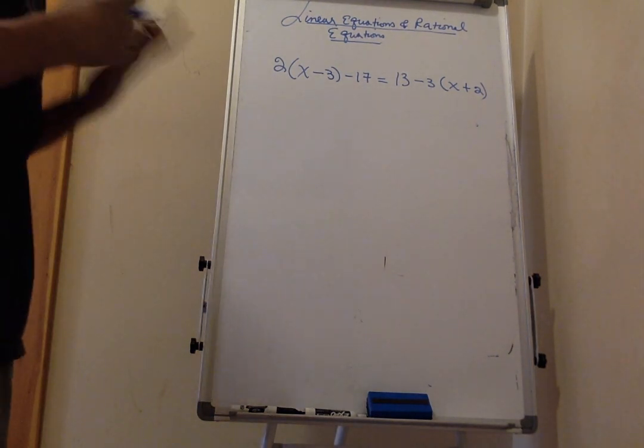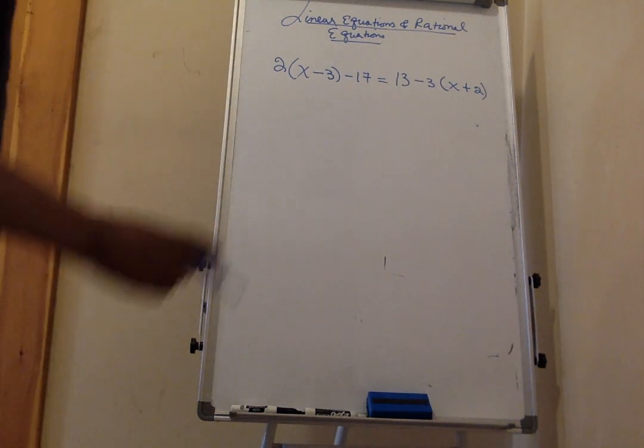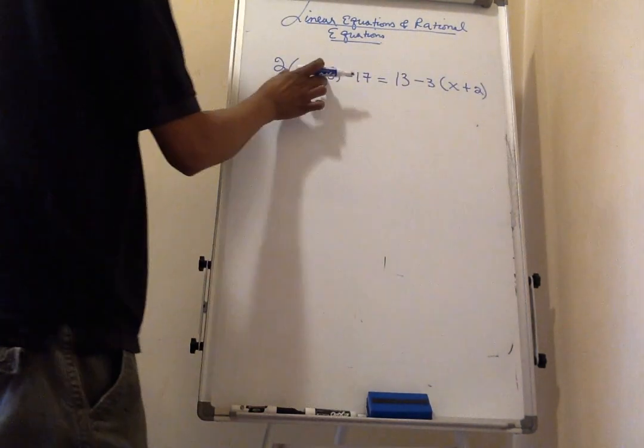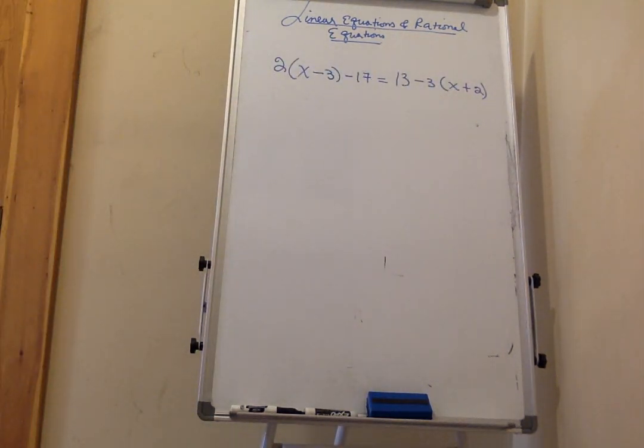Okay, this is just to test our knowledge of order of operation. So you remember the PEMDAS thing. So first we have to make sure to simplify the one inside the parentheses, so it will help us get rid of the parentheses.